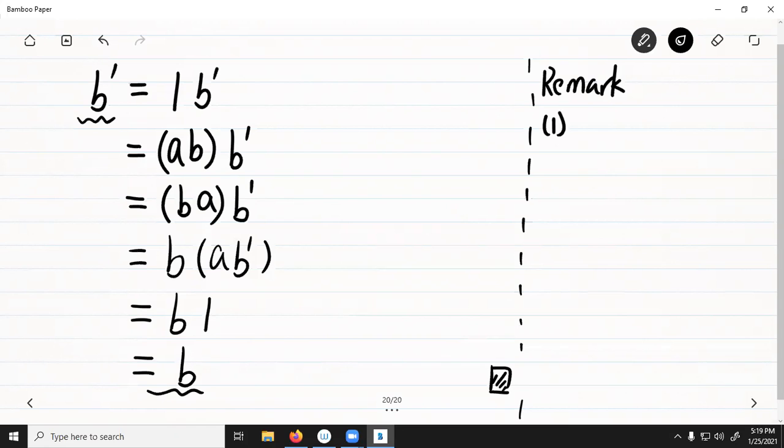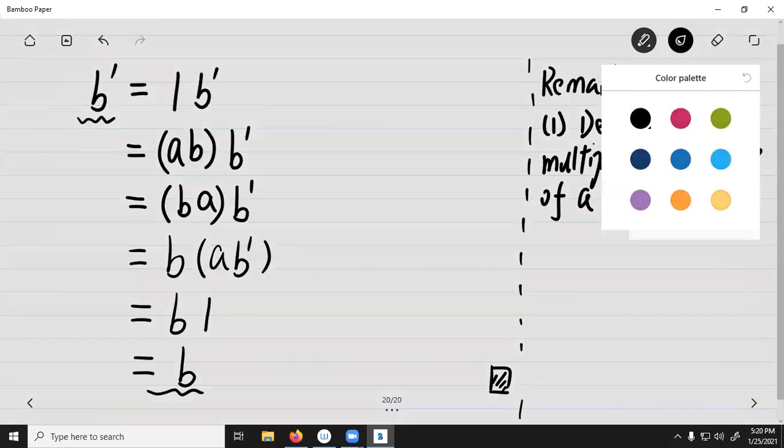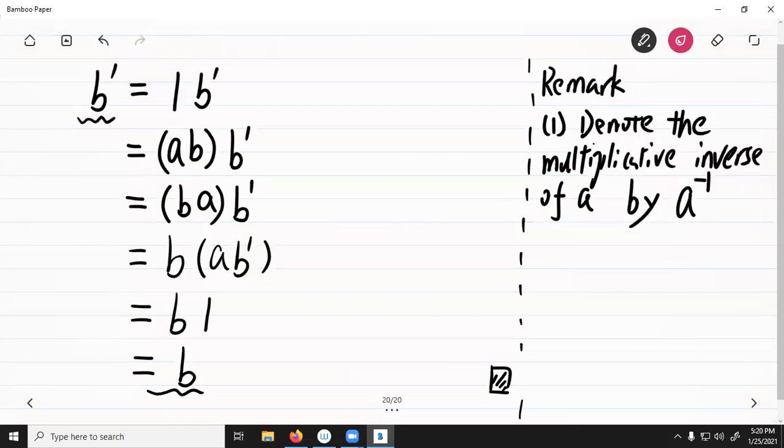We denote the multiplicative inverse of A by the following symbol, A to the -1. We use this symbol to denote the multiplicative inverse of A.